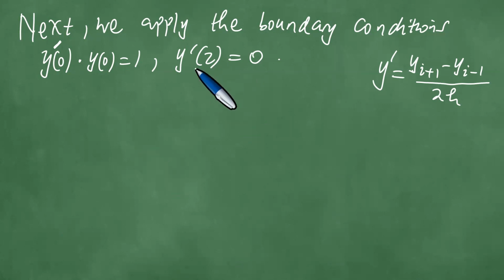For example, for this one, what is the meaning of this? But also, if we're interested in finding y primed at 2, what would the values be? For instance, at i plus 1, at i minus 1, relative to 2, what will that be?